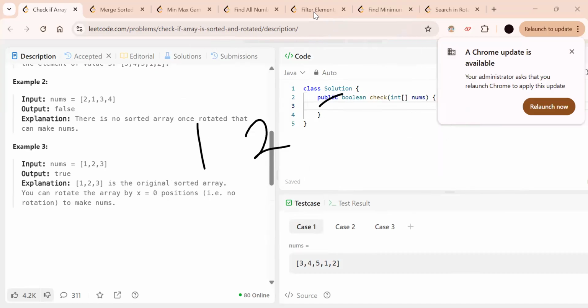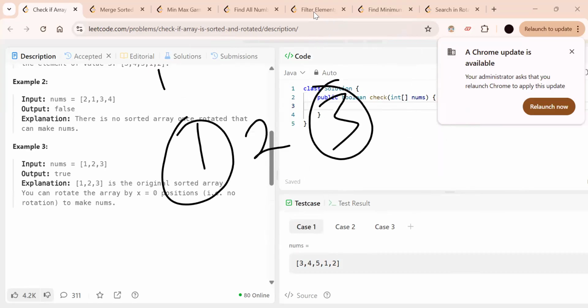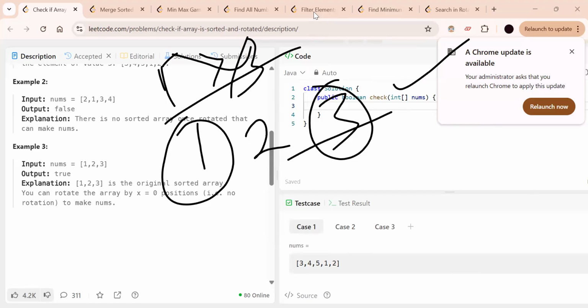In this case, let's take 1, 3. The first element 1 is not greater than 3, but still this is a proper array, right? These two scenarios we need to handle properly, guys.